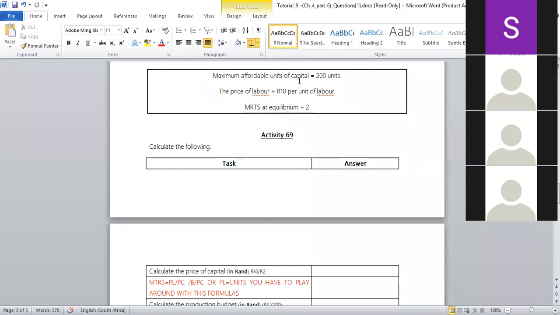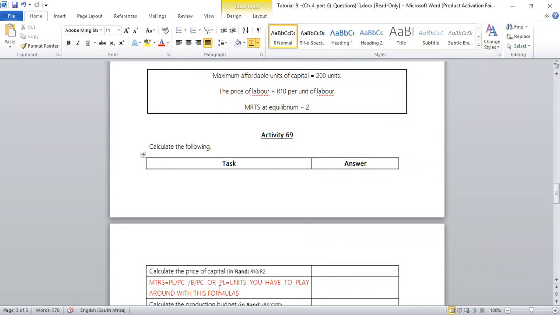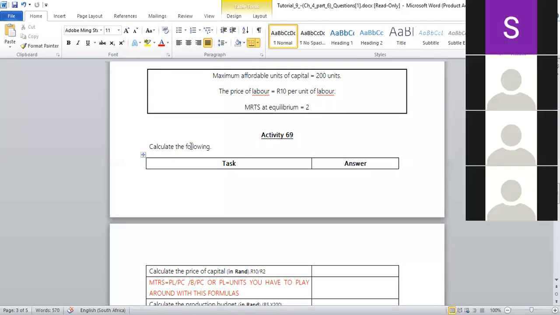Maximum affordable units of capital is 20 units. The price of labor is 10 rand per unit of labor. Marginal rate of technical substitution at equilibrium is equal to 2. Calculate the following. Calculate the price of capital in rent. Guys, we have already covered this. We are looking for the price of capital in rent. Here we have the MTRS.